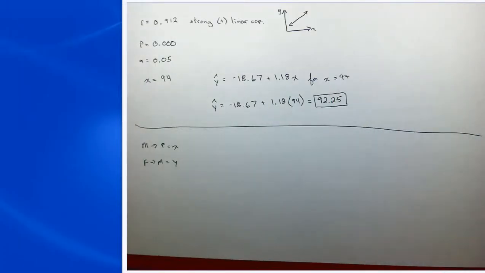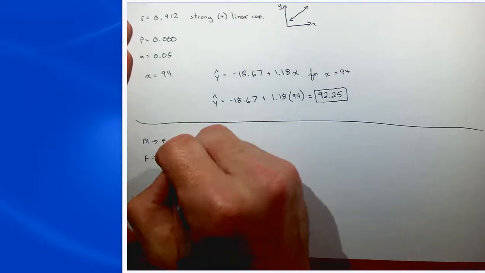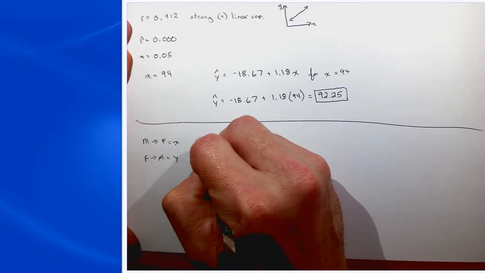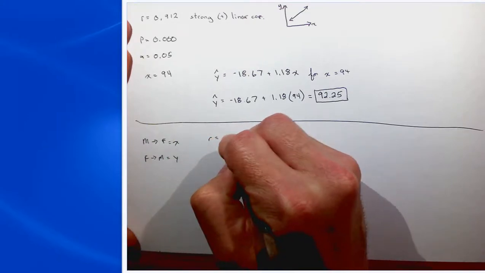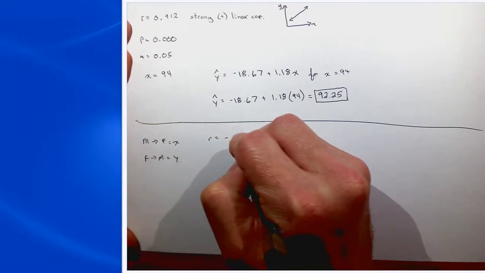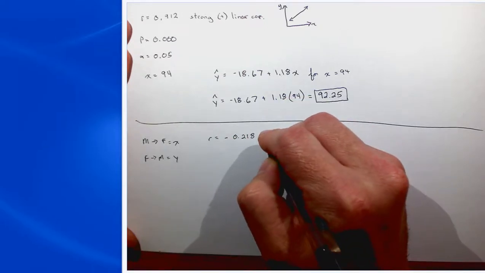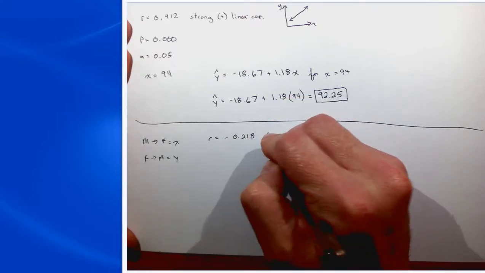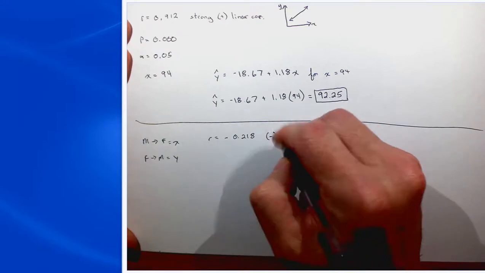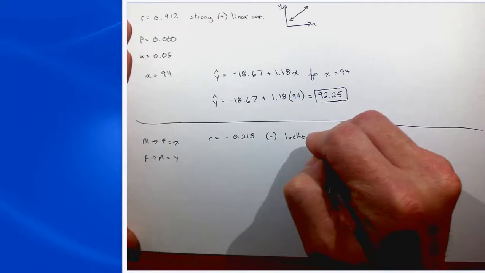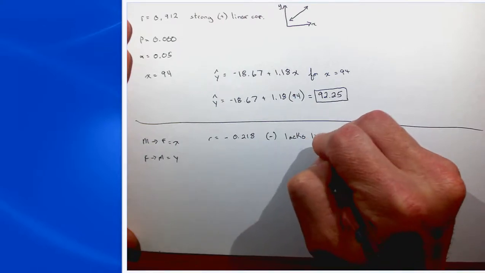So let's write down some information so we know what our x and y's are for this problem. But here's the thing: my r value is showing negative correlation, and it doesn't show linear either. So how about I say this: it lacks linear correlation.